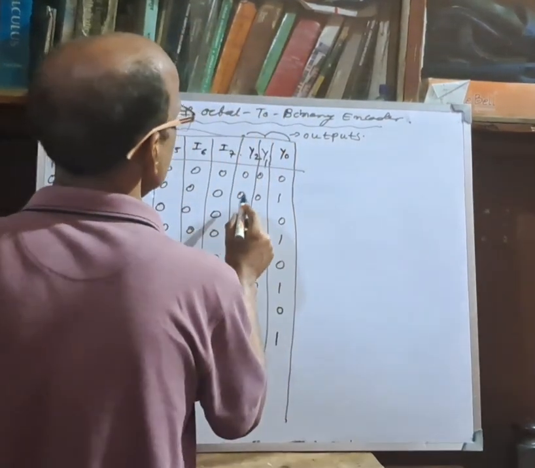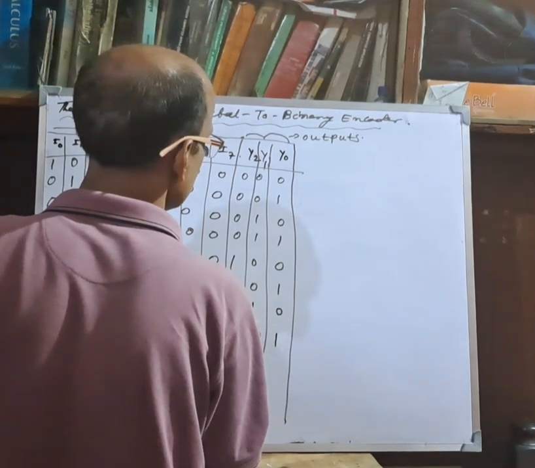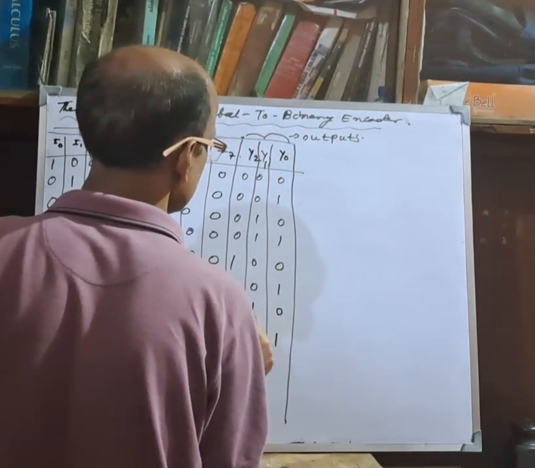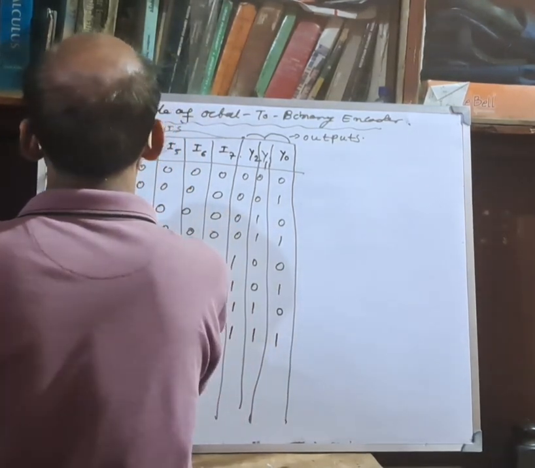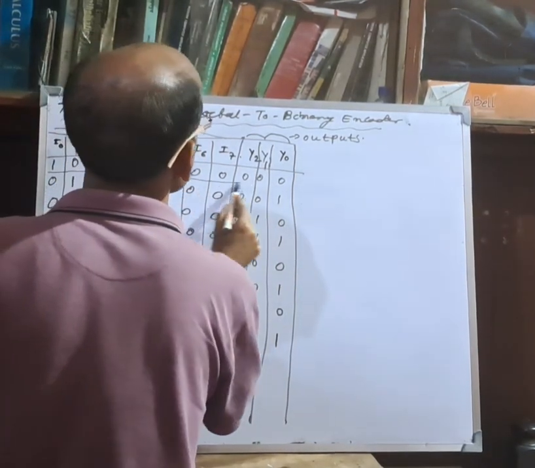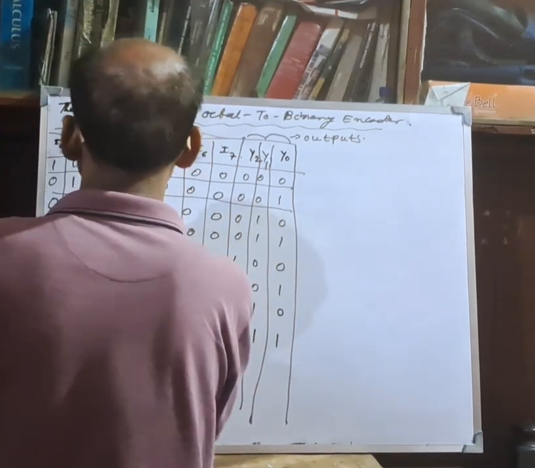This is 000, this is 001, this is 010, this is 011, this is 100, this is 101, this is 110, and this is 111. Okay. So this way this becomes here the truth table. Clear.